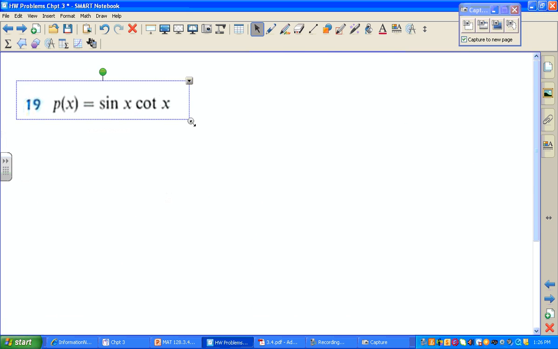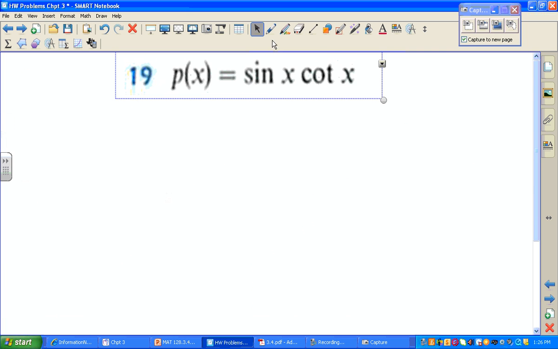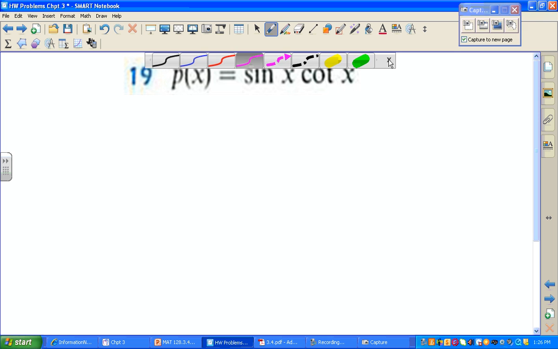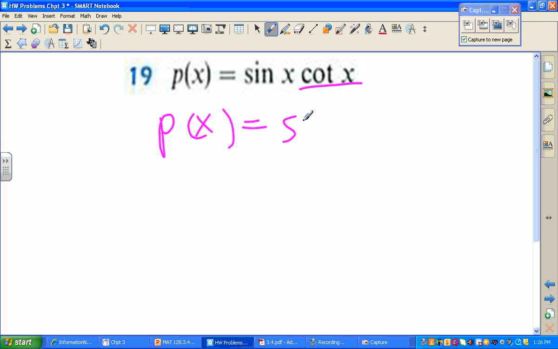So Kylie, what did you do? Did you consult with your note card first? Well, what's cotangent? Do you remember? Well, that's the derivative, but what's the definition of cotangent? And what's the other definition? Yeah, cosine over sine.